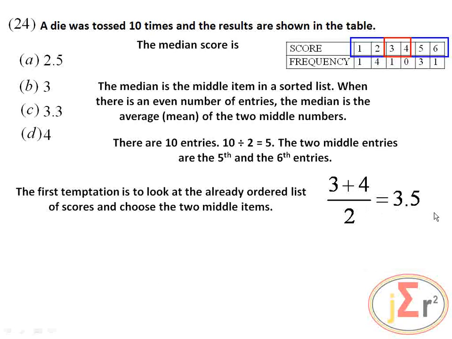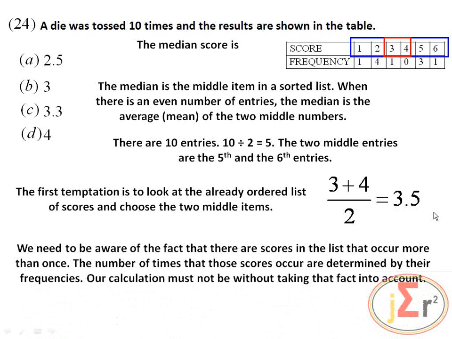of the problem. We need to be aware of the fact that there are scores in the list that occur more than once. So we have this score 2, its frequency is 4, telling us that 2 occurs 4 times.